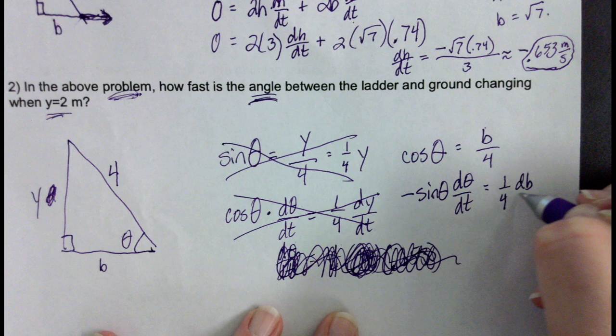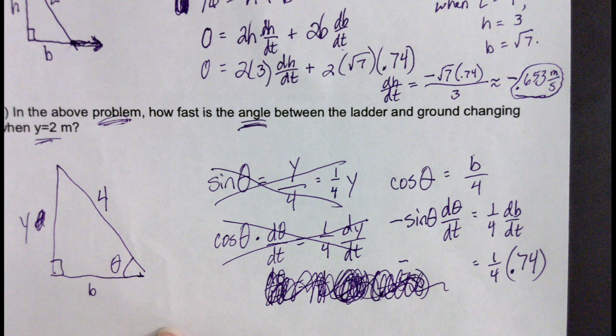So, yes, that's negative 1/2. So all I need to do is find 2 times 1/4 times 0.74. Yeah, negative 0.37.